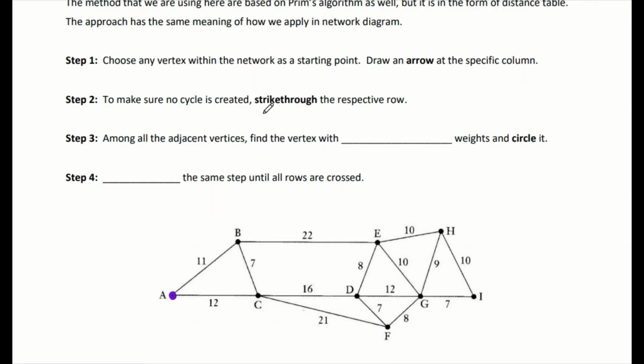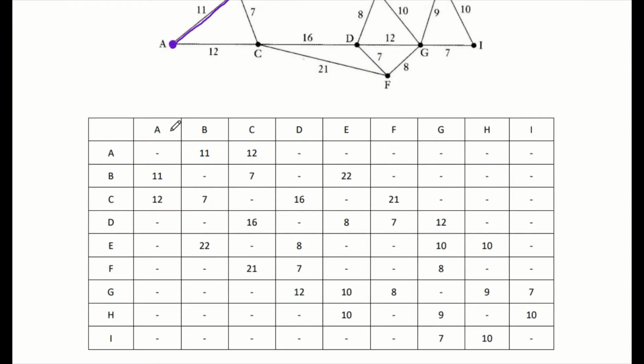Third step, for all the adjacent vertices, we want to find the vertex with the minimum weight, right? In our network diagram, normally we connect straight away to the one that gives you the minimum weight. In our distance table, you cannot draw something like A to B, because it's going to be very messy.